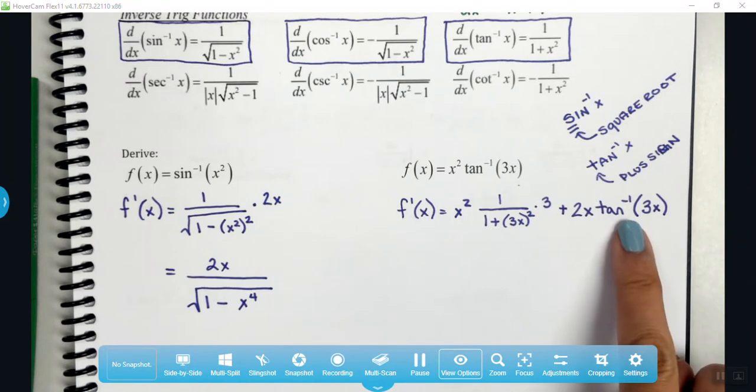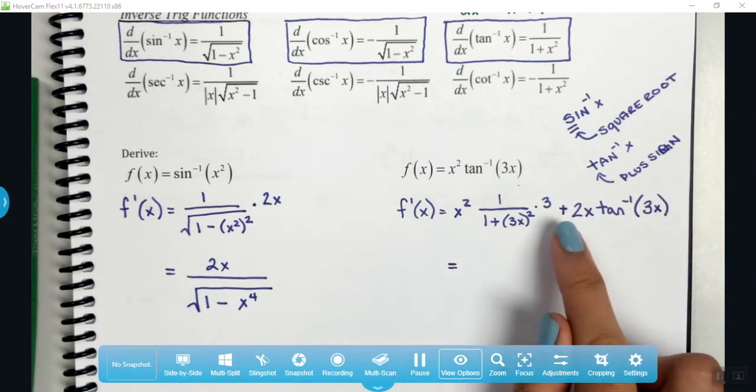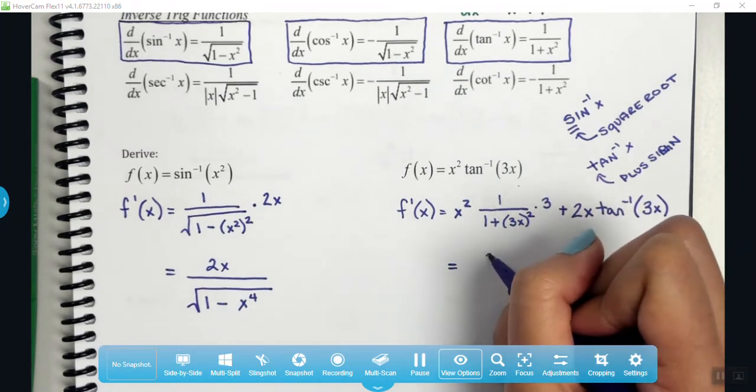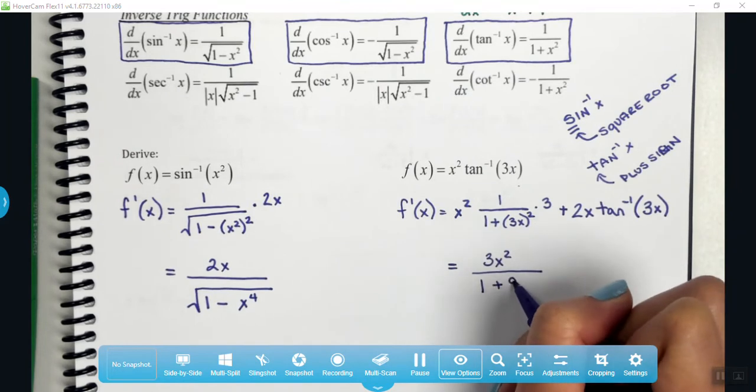Yeah, we can just leave that like that. So really the only simplification we could do is this 3x squared goes on top of this, and make it 9x.